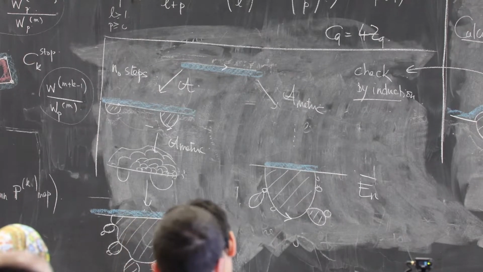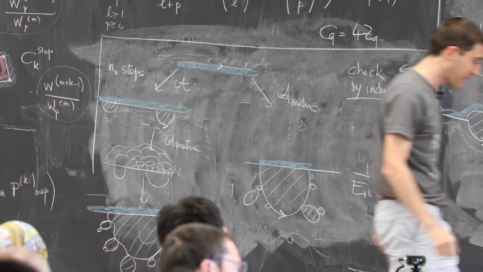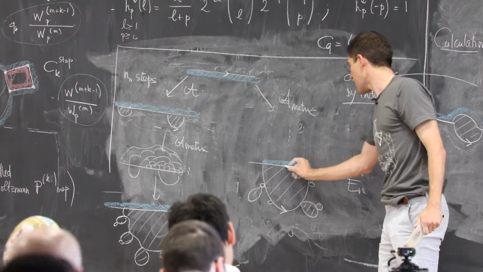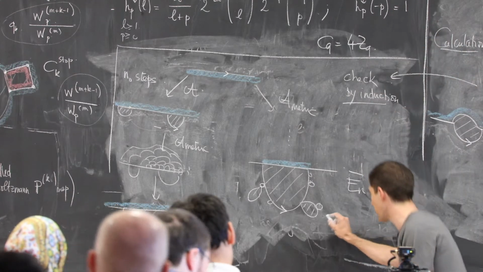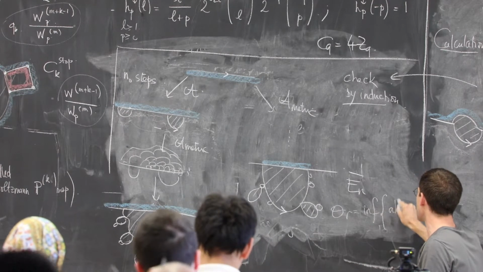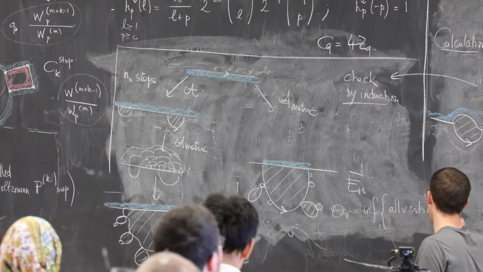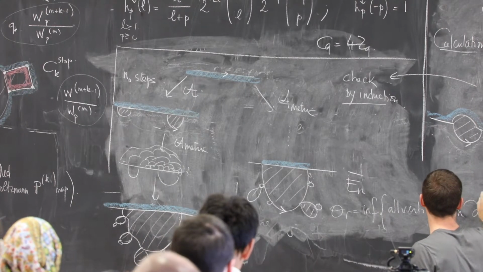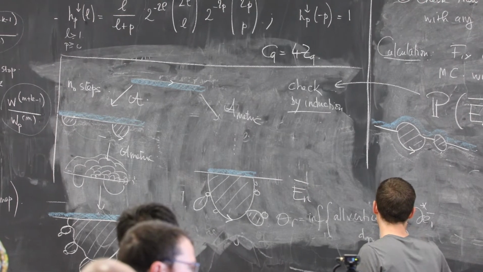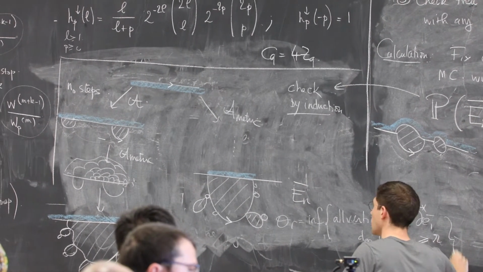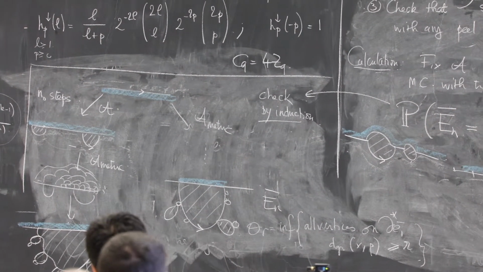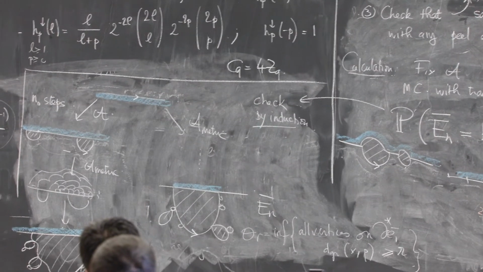What I claim, and that's easy to check, that's a combinatorial fact, I claim that if you use this algorithm A metric, you can look at the stopping time theta of R. That's the first time all the vertices on the boundary of your explored map are at graph distance from the root edge, from the origin, sorry, bigger than R. Roughly speaking, that's the first time you know that you have swallowed the ball of radius R, and you filled in all the holes.